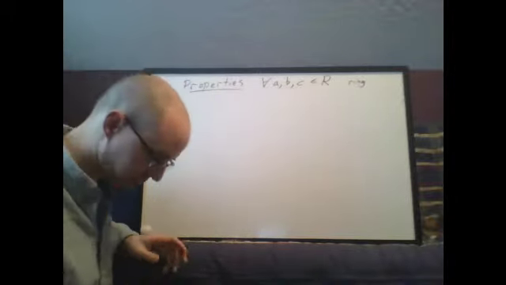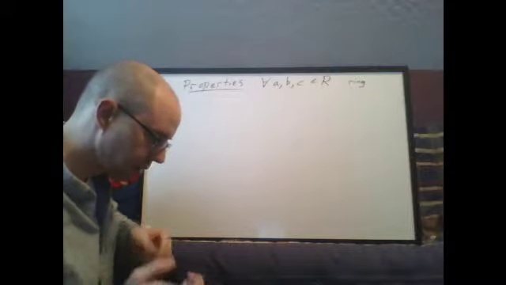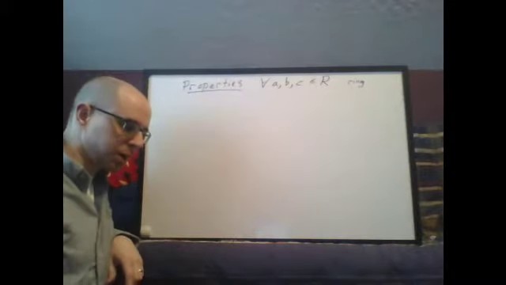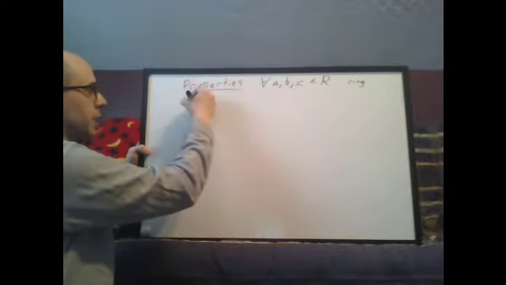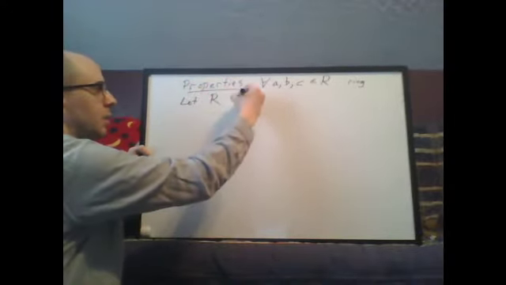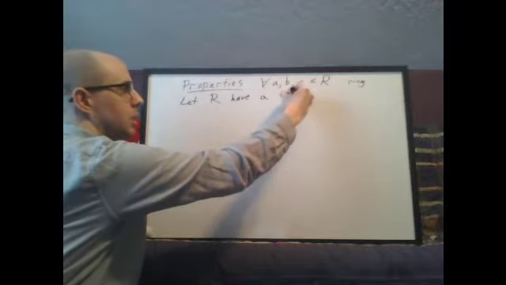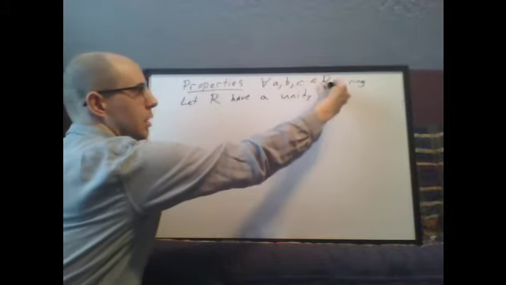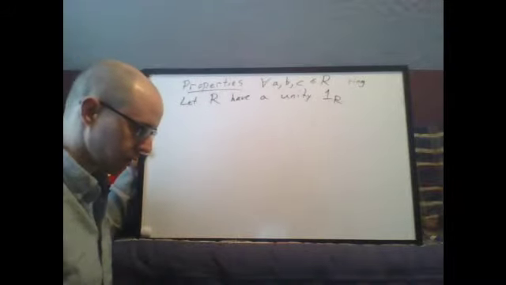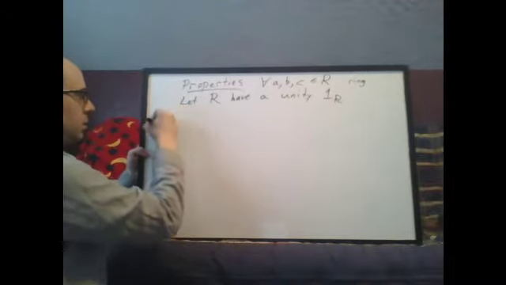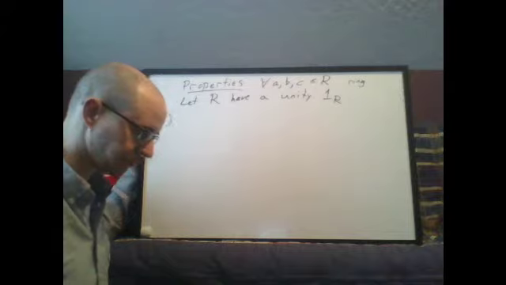Okay, so for these next two, let's talk about unities. For the next two, let R have a unity, which we call 1 sub R. This would be property 5.